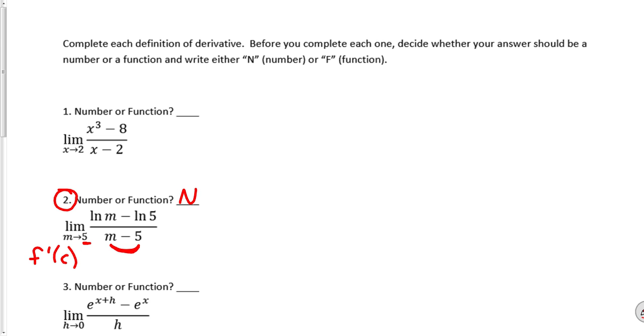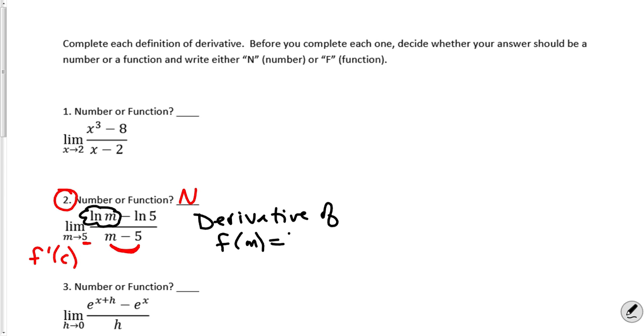And then I'm going to complete this definition of derivative, so I need to identify what this means. This is a derivative of what function? Of natural log of m, which means I would write it as f of m is natural log of m. And so I want that derivative, and I want it at m is equal to 5.